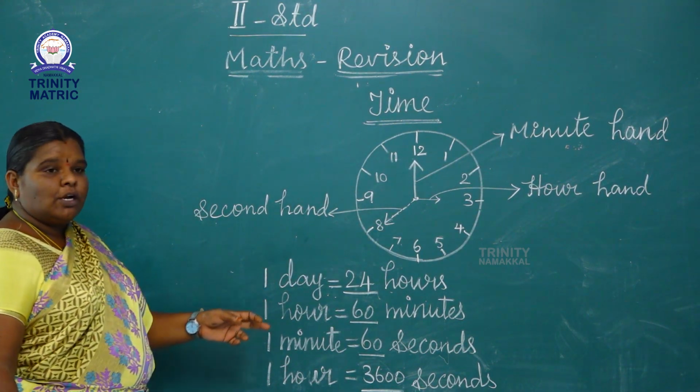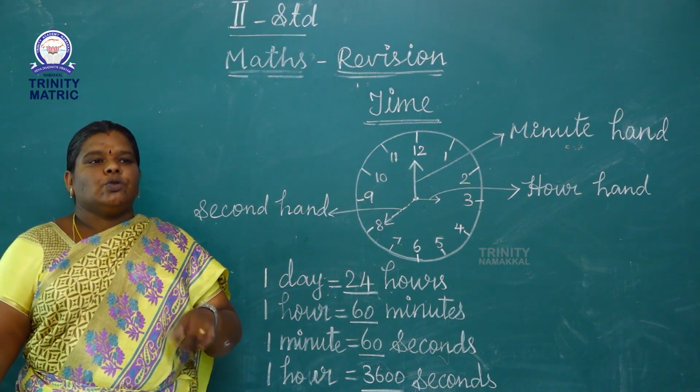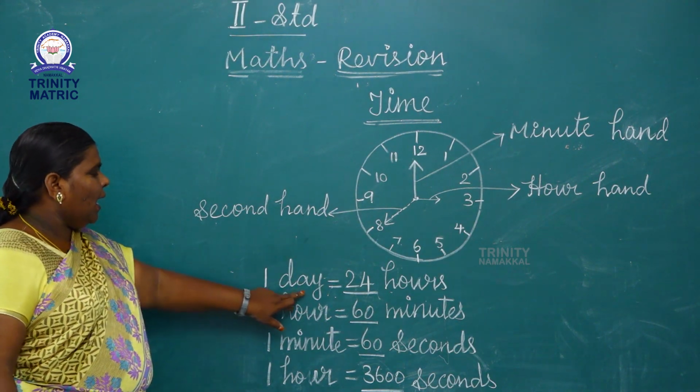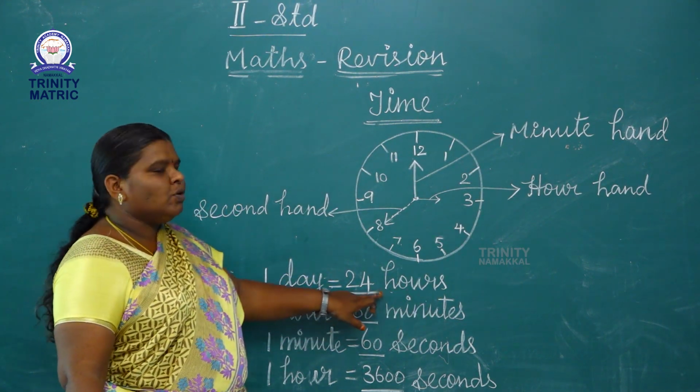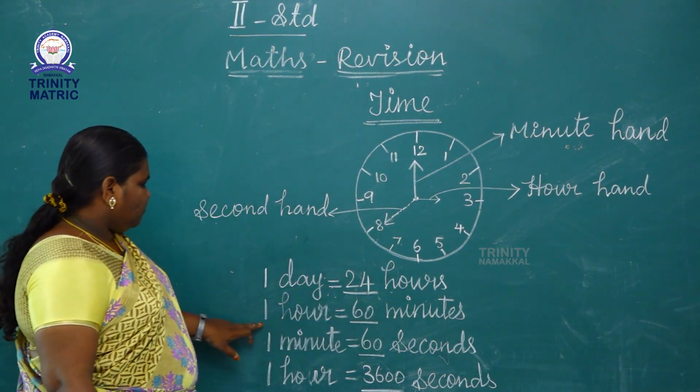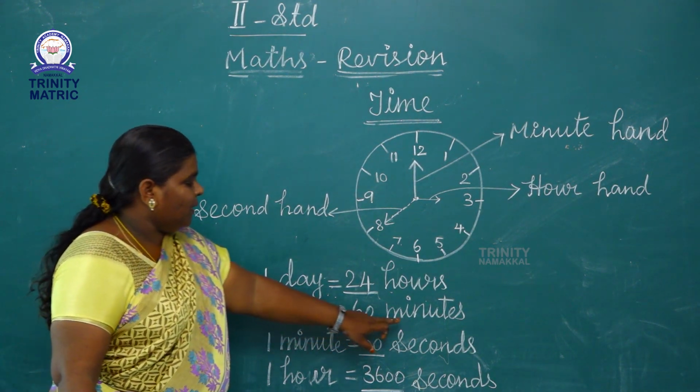Okay, 1 day equals how many hours? 24 hours. 1 hour equals how many minutes?